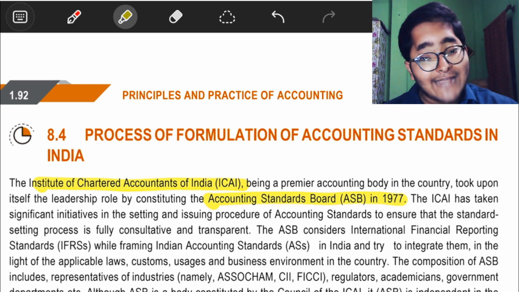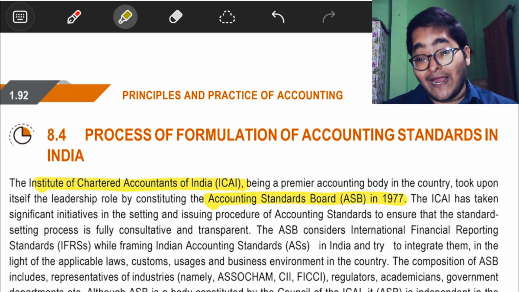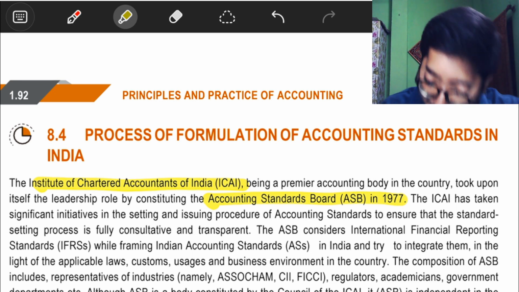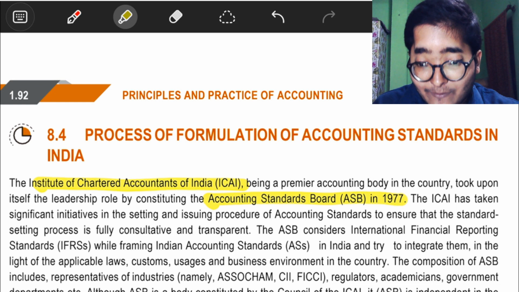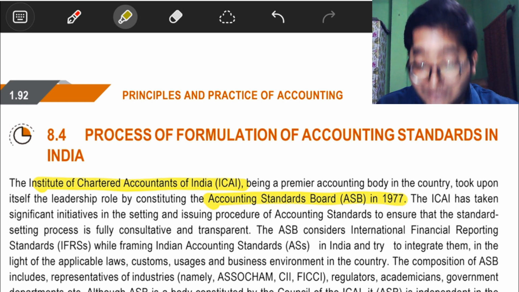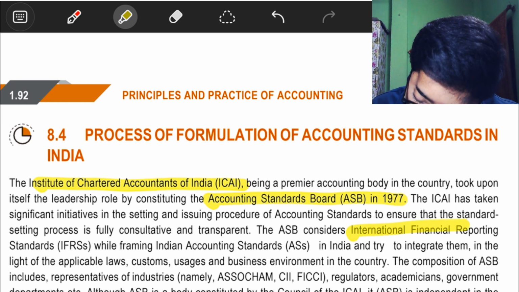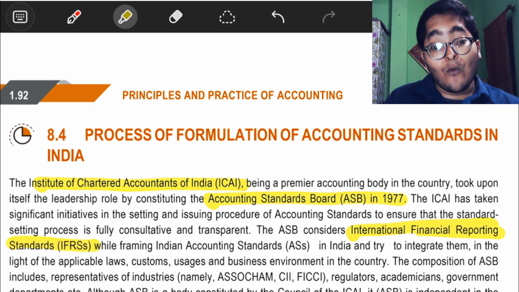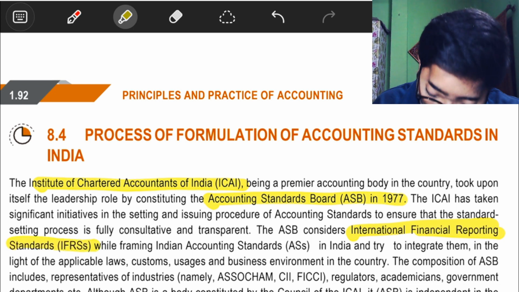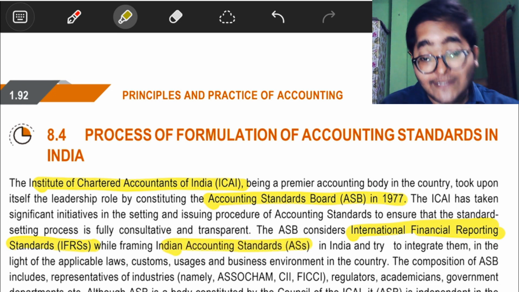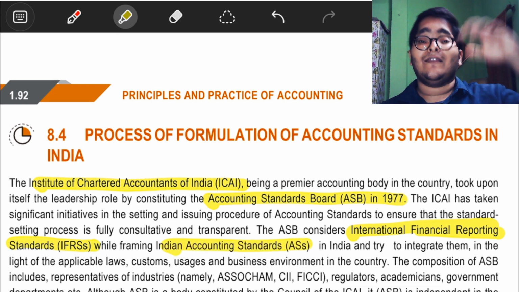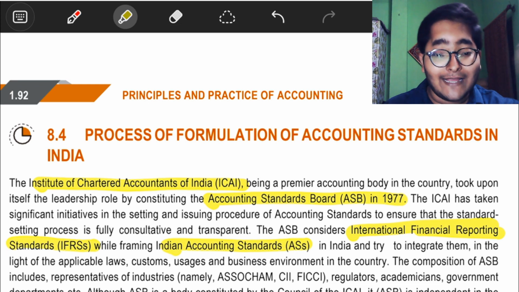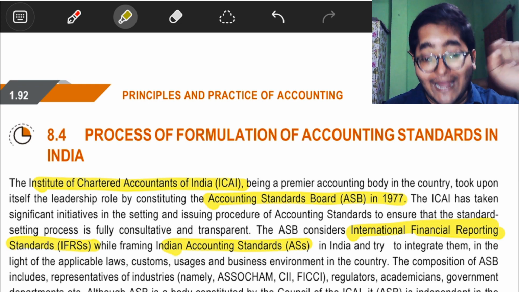The Accounting Standard Board considers International Financial Reporting Standards (IFRS) while framing Indian accounting standards. The accounting standards that are applicable within India are known as Indian Accounting Standards or IND-AS.